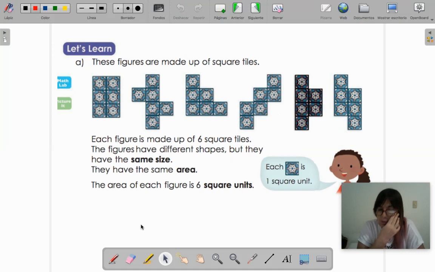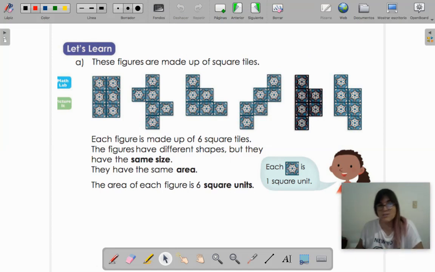So now let's learn. This page is from your math book. Let's read it together. Don't open your microphones. Just read after me or with me. These figures are made up of square tiles. Tiles are just these that you have even in the bathroom or sometimes in the kitchen, on the floor.